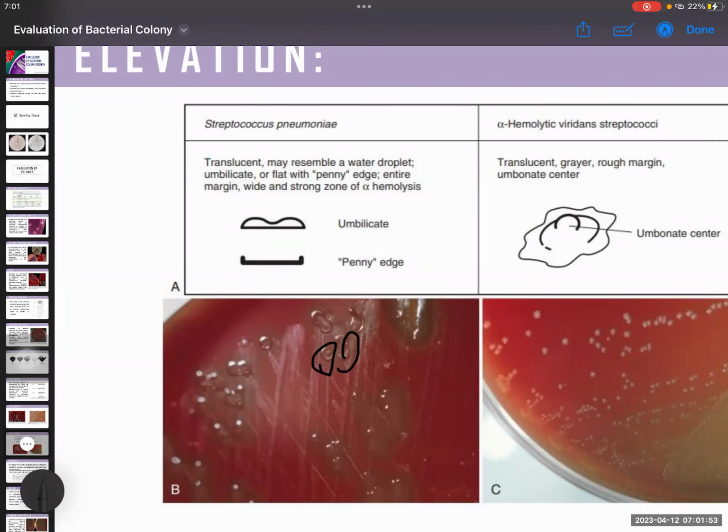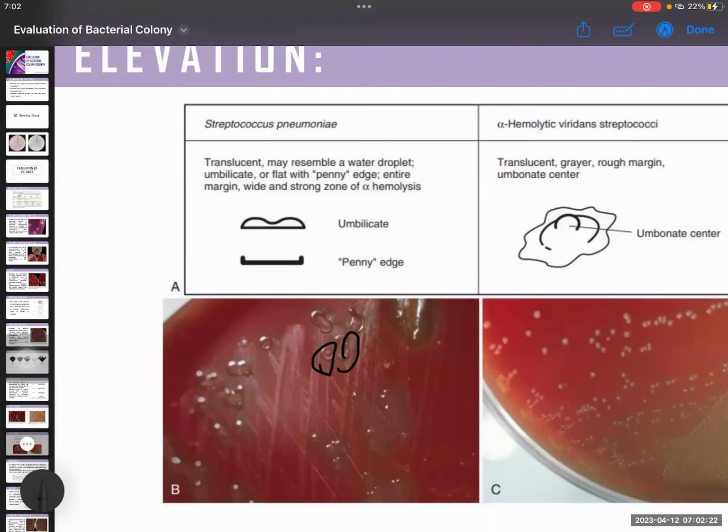So if you hear the description penny-like growth, then that is a characteristic of Streptococcus pneumoniae. Streptococcus pneumoniae kasi is capable of producing, no, not staphylokinase, sorry.